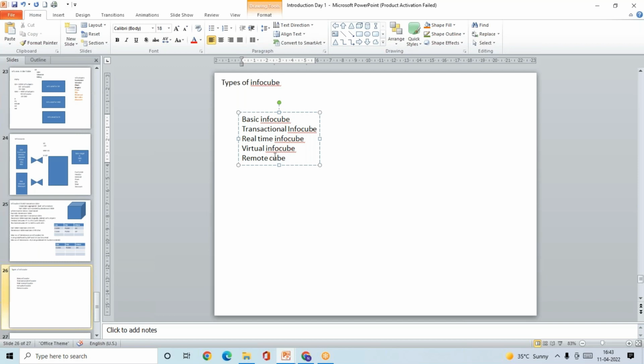Okay, basic info cube, transactional info cube, real-time info cube, and remote cube.